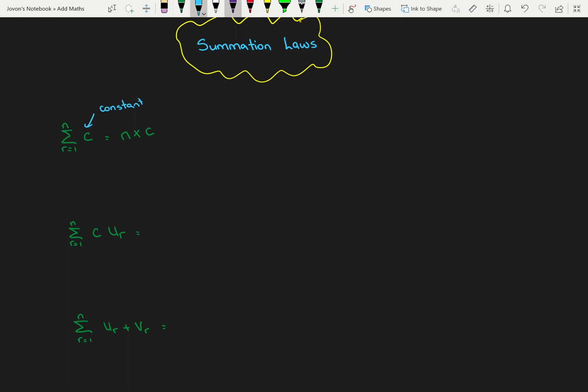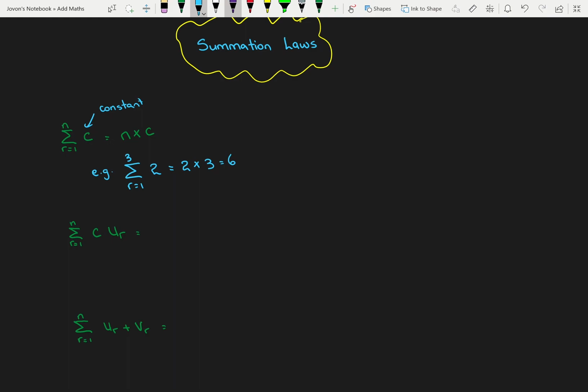Now, for example, let's do something simple, the sum from r is equal to 1 to 3 of the value 2. All this says is that if we want to find this value, it is equal to 2 times 3, which is 6, which is correct.